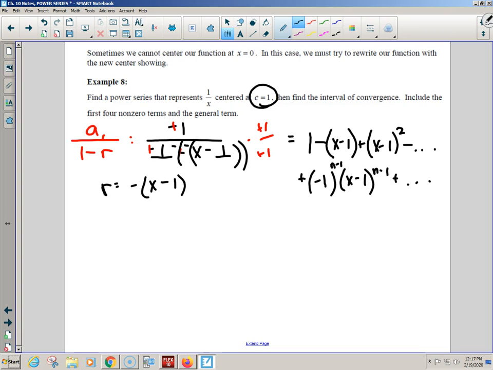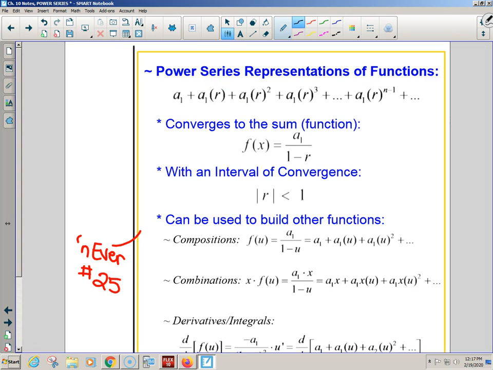What does a represent in this scenario? What does it represent inside a power series? This is going back to our general idea of power series and how a power series converges to a rational function.